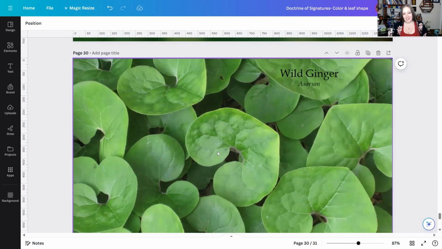So, our example here of wild ginger actually has a uterine shape. And not only that, when I look at it, this shape kind of reminds me of a fetus in a womb. So, yes, it is definitely a uterine remedy.